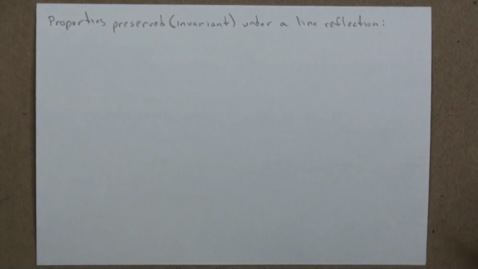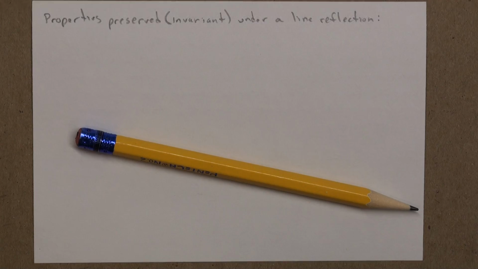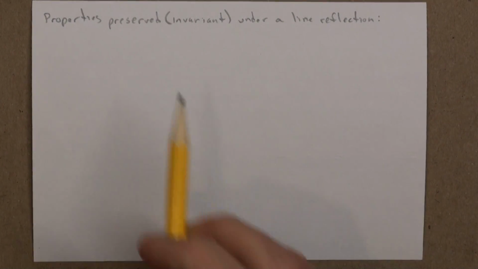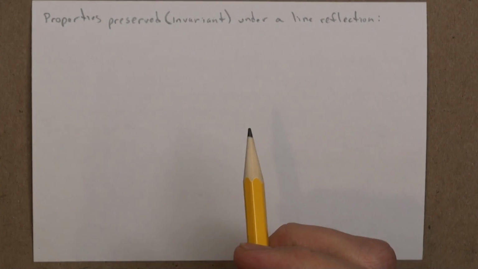So this means what properties are not changing under a line reflection. Alright, so for the properties that are preserved, and the word for that is invariant under a line reflection.